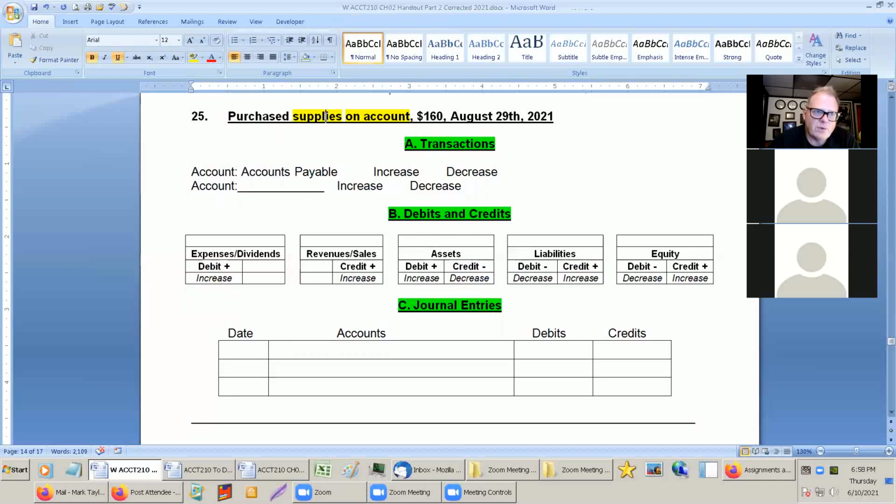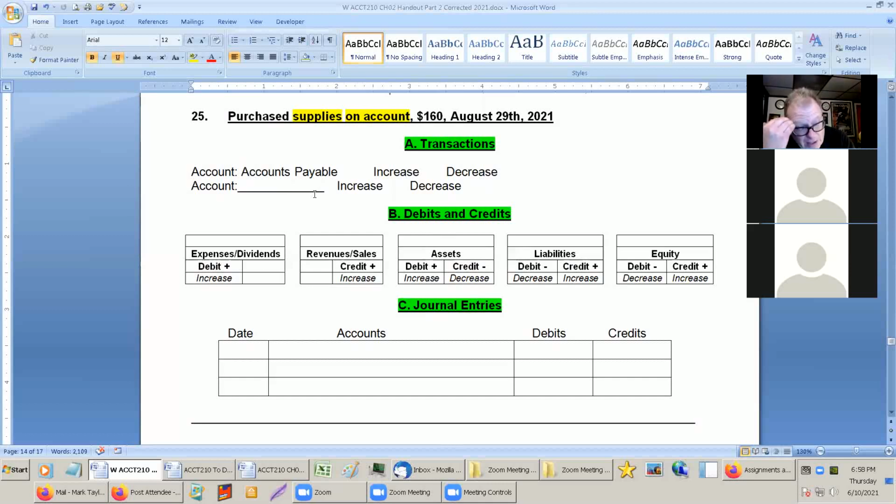So when we first purchased the supplies, theoretically, we're no better or worse off. We just paid $160, and I should say that was a bad analogy because this is on account. But anyway, you get the supplies. The supplies have a value, and here you have a liability. So theoretically, we're not any worse off. We got these assets, we got the liability for the same amount. We're no better or worse off.